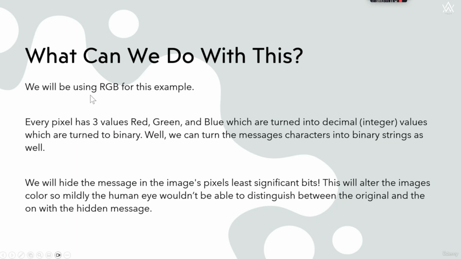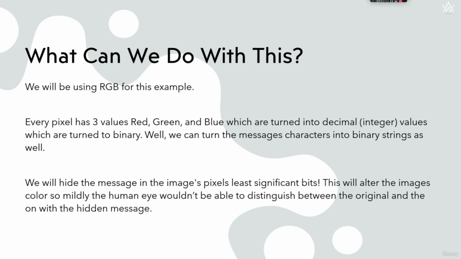Well, we will be using red, green, blue for our examples, and every pixel has 3 values: red, green, and blue, which are turned into their respective decimal or integer values, which are turned into binary. Well, we can turn the message's characters into binary strings as well, and we will hide the message in the image pixels' least significant bits. So we're not actually hiding the text inside of the image.